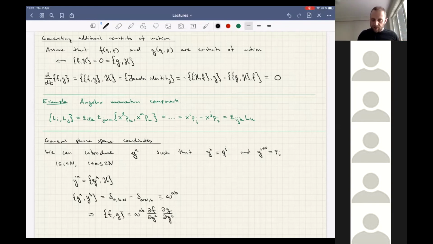Here we have something with two indices downstairs. We have some generalized coordinates y. This omega here with the indices upstairs is going to turn out to be a rank 2 tensor. It's called a symplectic form in general. And in Hamiltonian mechanics, it plays a similar role to the metric. I mean, it doesn't tell you about distances, but it tells you something about how this phase space works.